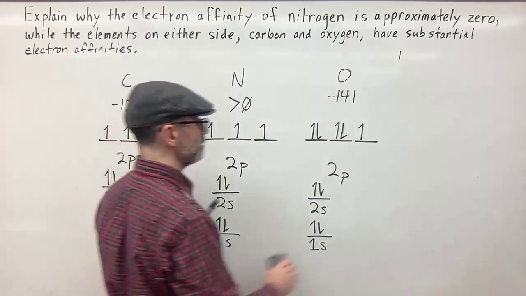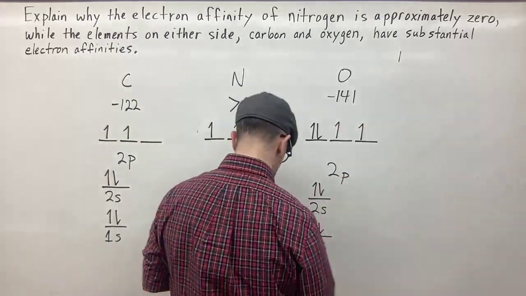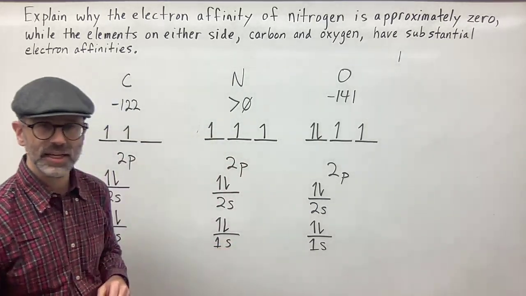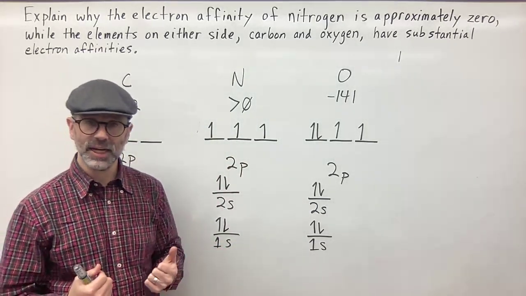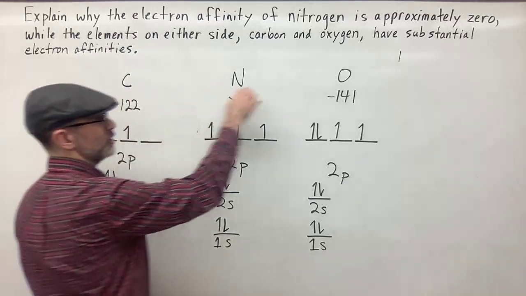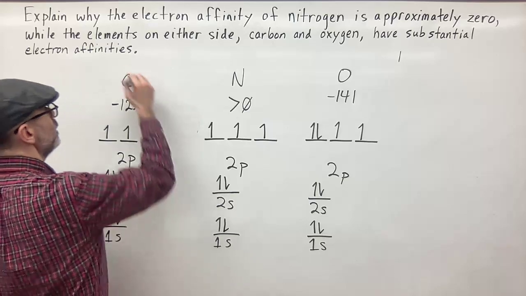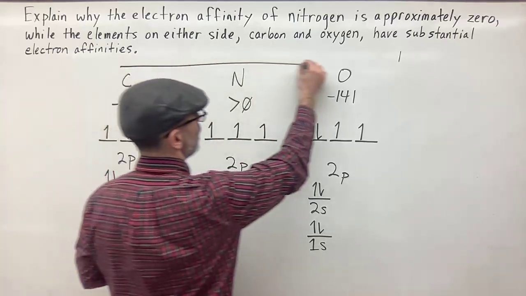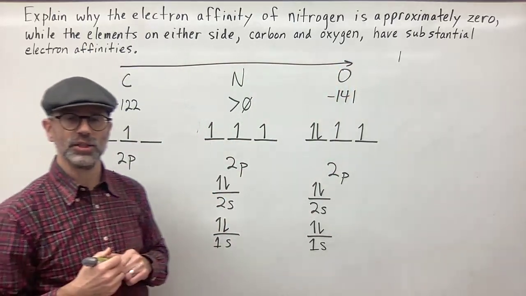That's a great question. And the reason is we got to bring in another factor, and that's the effective nuclear charge that is felt by the electrons. So as you go across, so carbon, nitrogen, oxygen, this is going across the periodic table, right? As you go across this way on the periodic table, what happens to nuclear charge?